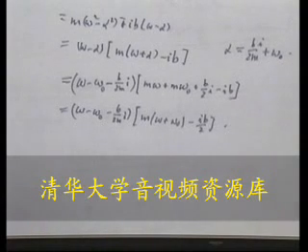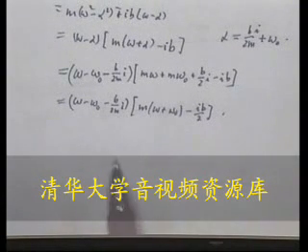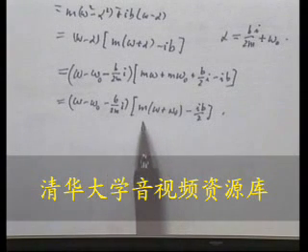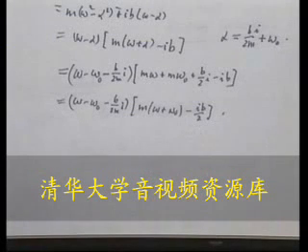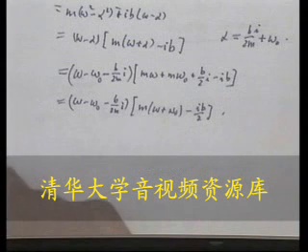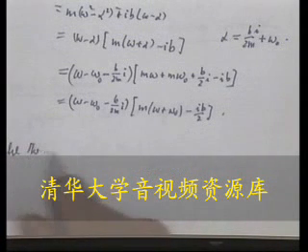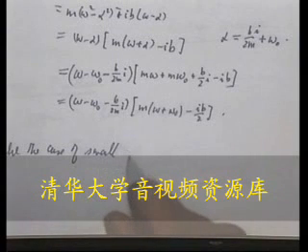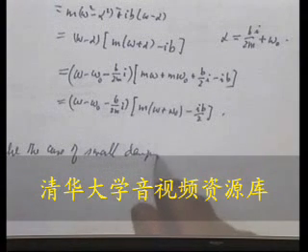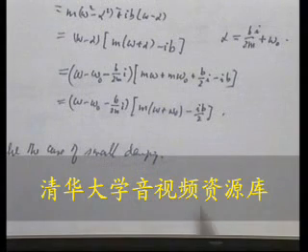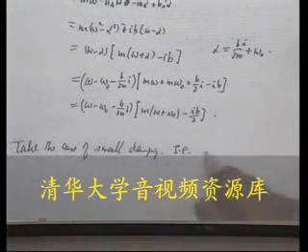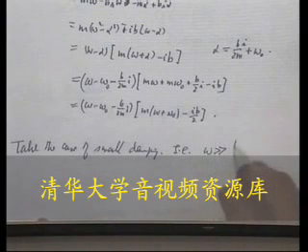Let us look at this expression. This expression is the product of two numbers, a complex number and another complex number. Take the case of small damping, i.e., omega is much bigger than b over 2m.